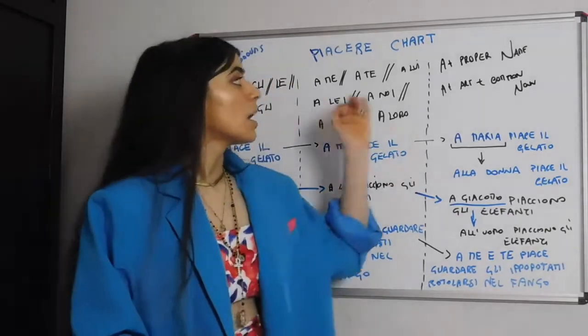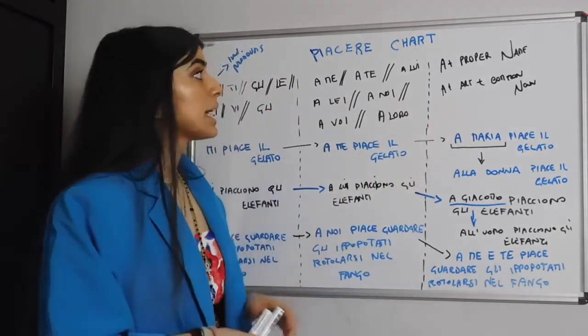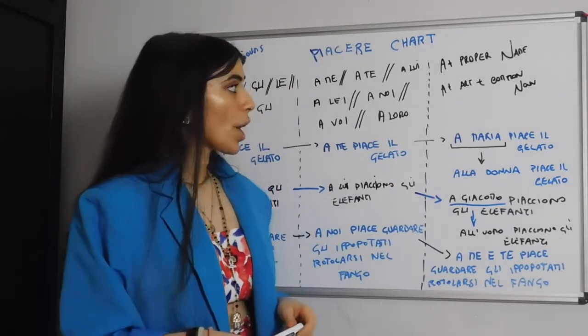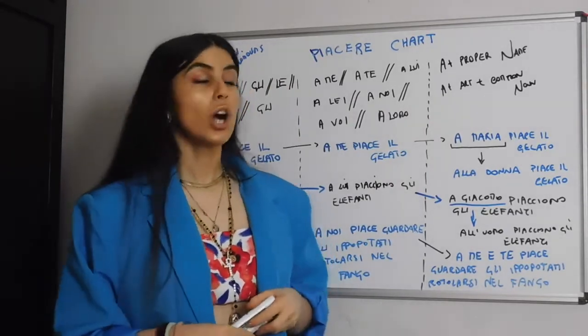And then in the third column we have a plus proper name, or a plus article plus common noun.